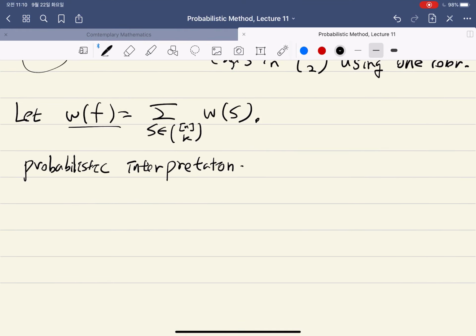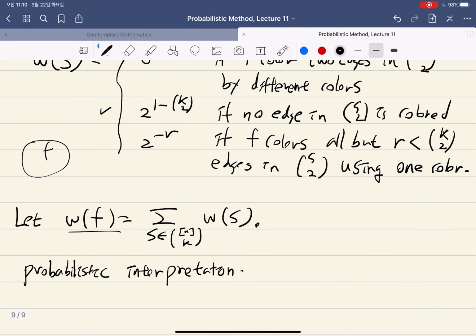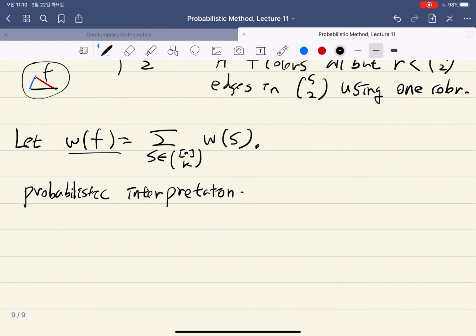So the probabilistic interpretation is that f is a partial coloring, so some of the edges are colored, but some of the edges are not colored. For a given partial coloring f, we randomly color the remaining uncolored edges. Then, what's the probability that S is monochromatic?